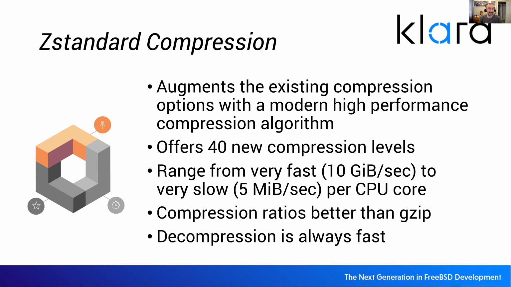One of the advantages of Zstandard is that even if you compress at the slowest rate or the fastest rate, the decompression speed is always fast. So if you use Zstandard-1 that compresses at 500 megabytes per second, or Zstandard-19 that compresses at only 5 megabytes per second, in both cases you can decompress at about 1 gigabyte a second.